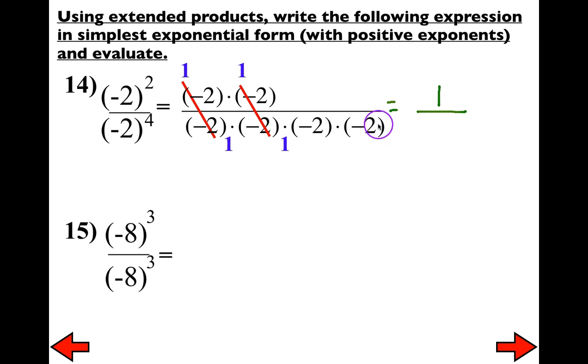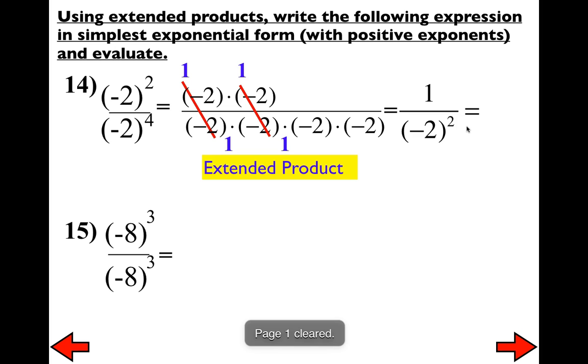In my denominator, I'm left with -2 repeated 2 times, so that's going to be squared. So that would be my exponential form, but I'm going to be asked to evaluate it, so I'm going to say, okay, this is going to leave me with 1 over a negative times a negative is a positive, so it's going to be 2 times 2, which is a 4.